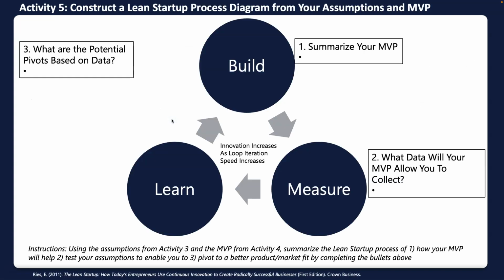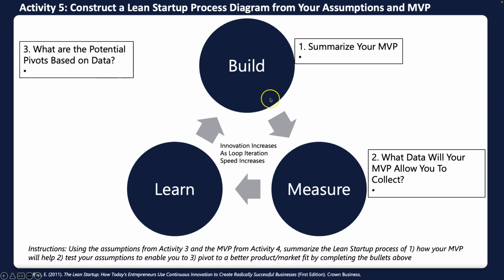And that's going to take you lastly to this activity, the build, measure, learn loop that you saw in the first couple, or Andrew talked about in the first couple of videos. This idea of build, measure, learn is going to be a constant refrain throughout this course, where you summarize the MVP, you come down here to talk about the data that you're going to collect, and what the potential pivots are based upon the data.